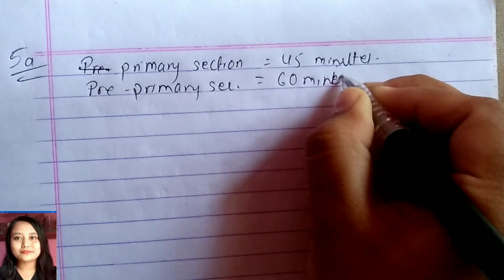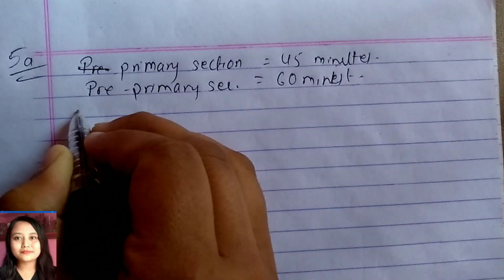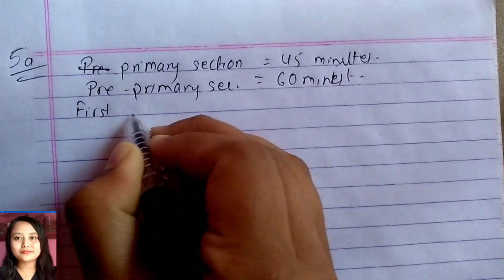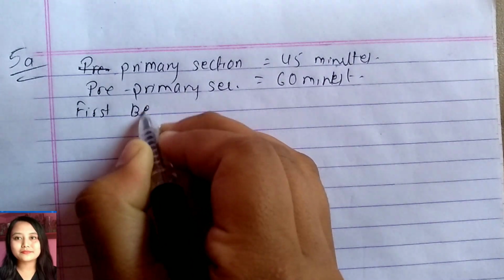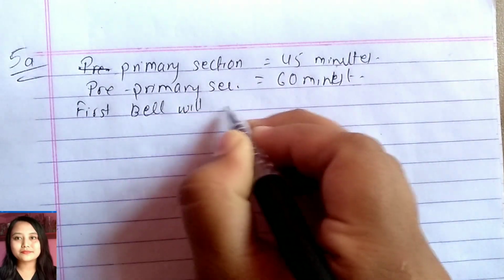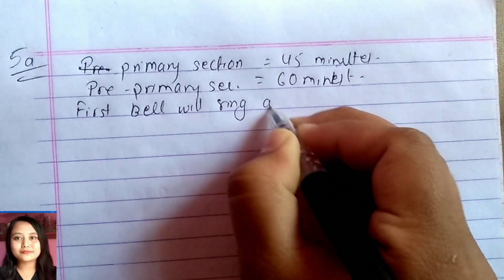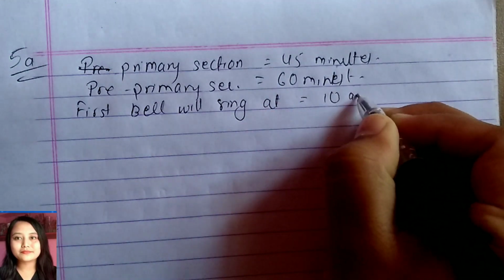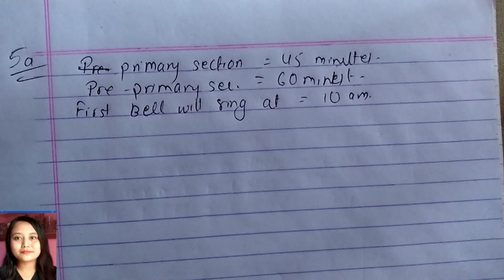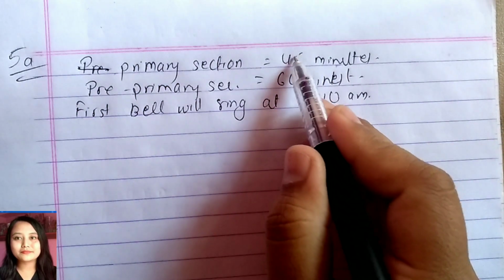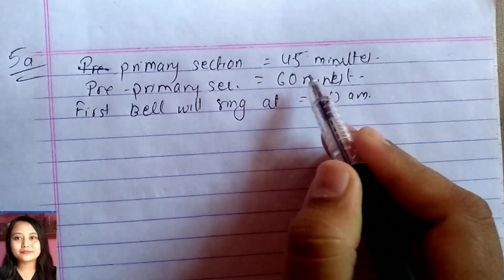So what it is saying is that both the first bell will ring at 10 a.m. When will the next bell ring? So first of all, we have to find out the lowest common multiple between 45 and 60.